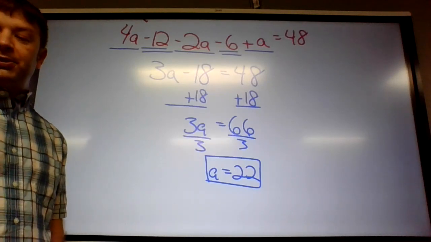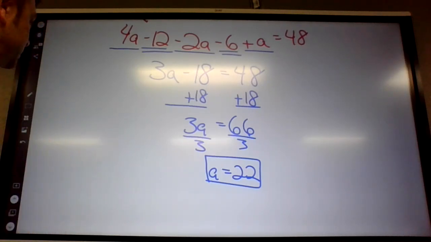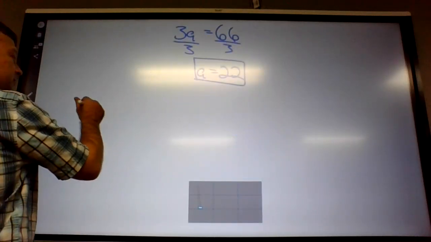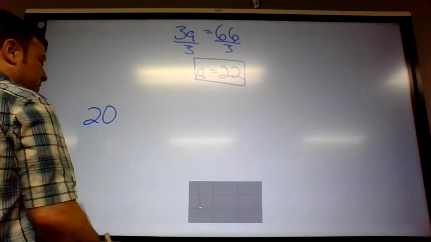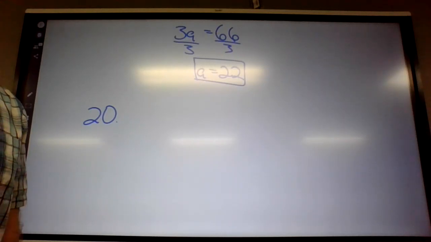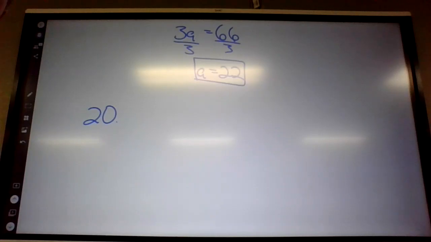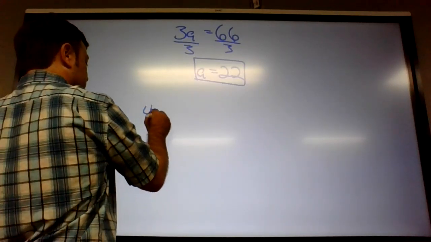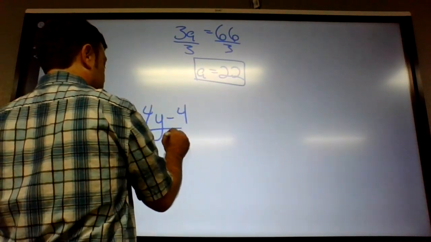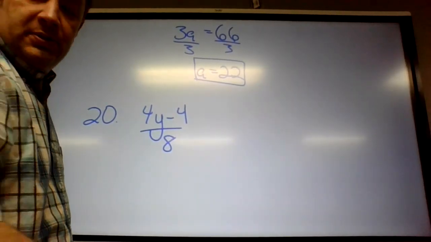20 and 22 are fractions. So let me help you guys. I'll do the first step on 20. 21 is actually the hardest of those three. 4y minus 4 over 8, 26 over 2 equals 4/4.